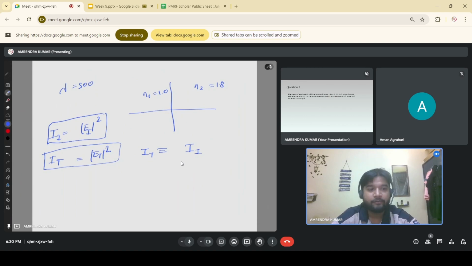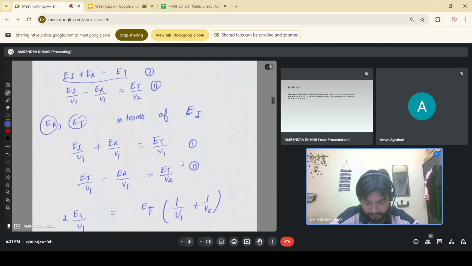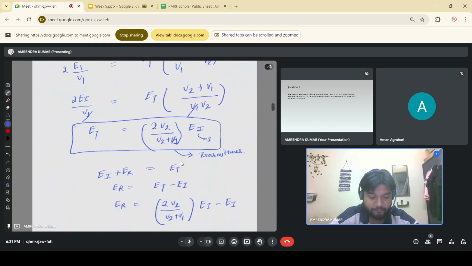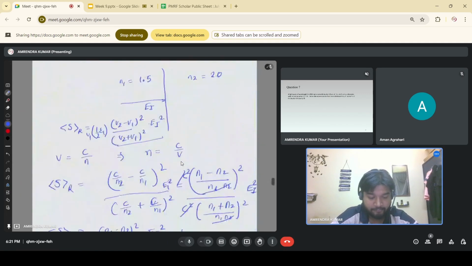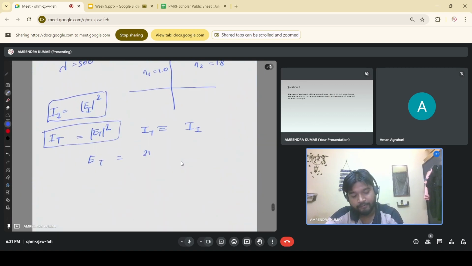We know that ET, from the first question that we solved, was 2 v2 over v2 plus v1 times EI. Since we are talking about intensity, it's very simple: we have to square both sides.